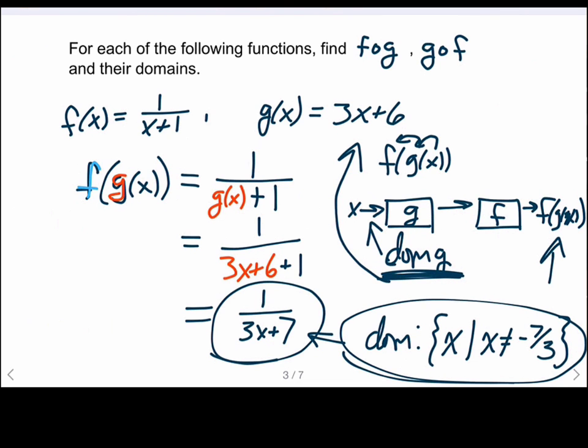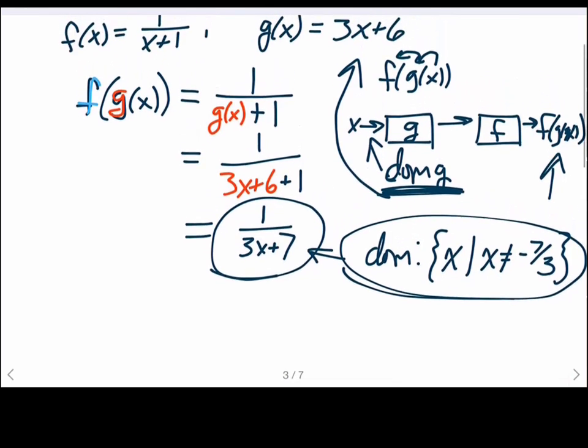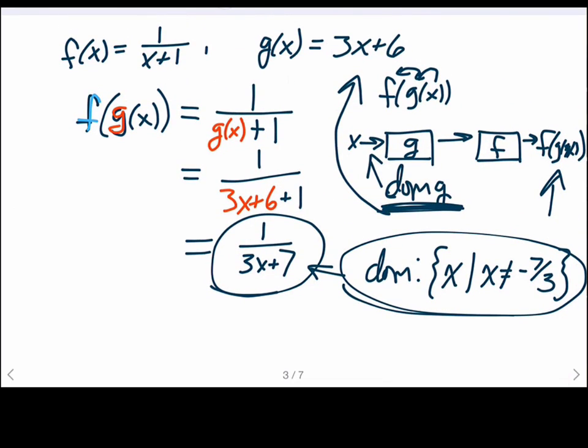Next, we're going to reverse the order of the composition. Keep the functions for reference. Last we found f of g of x, and this time we're going to find g composed with f of x, which is also written as g of f of x.